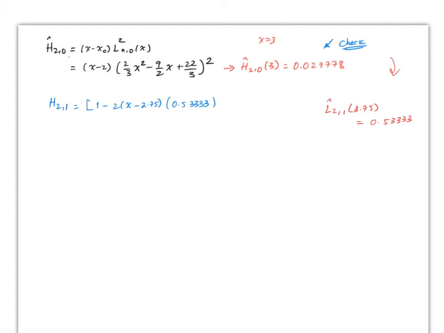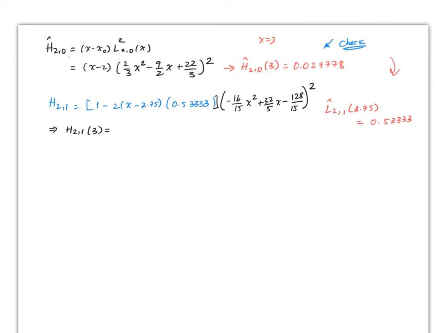And then times the polynomial, which will be minus 16/15 x squared plus 32/5 x minus 128/15, and everything squared. Therefore, from here we have H21 evaluated at 3.